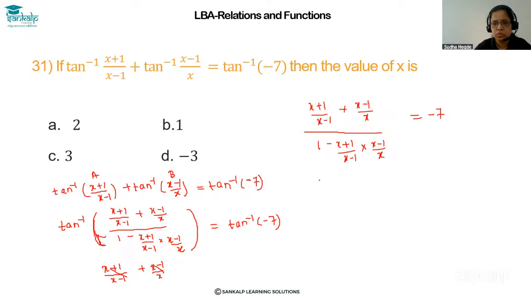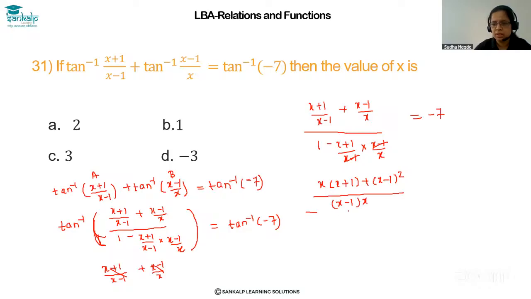Okay. So you can cancel this term. So x into (x plus 1) cross multiplication plus (x minus 1) whole square, whole divided by (x minus 1) into x.